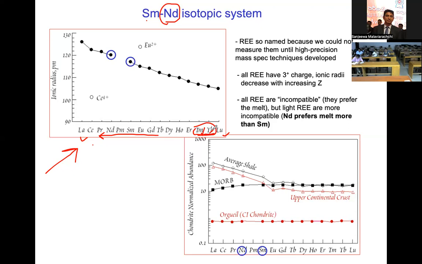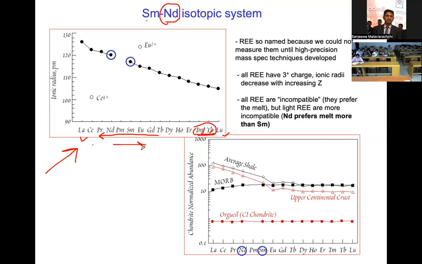Generally the more incompatible elements come on the left hand side, and the less incompatible ones on the right hand side. In other words, compatibility increases in the opposite direction.